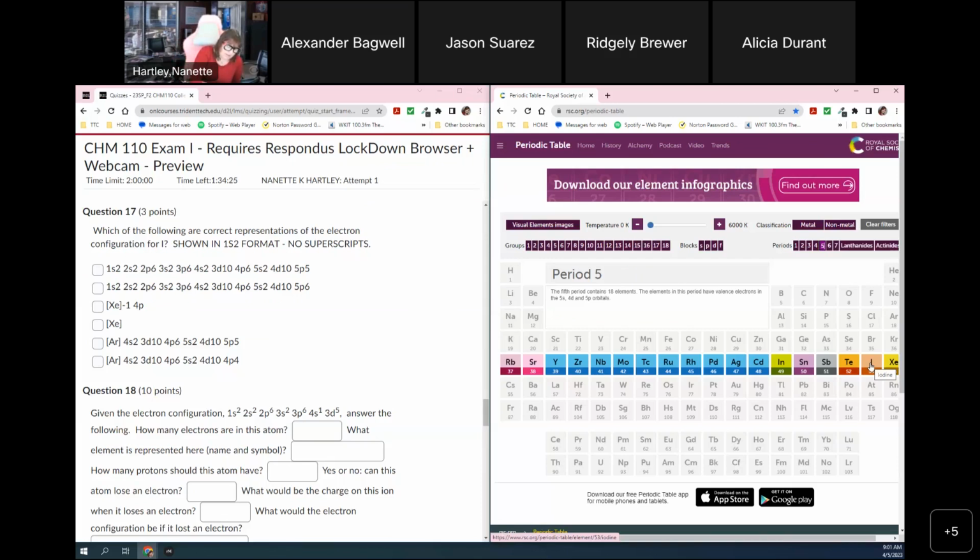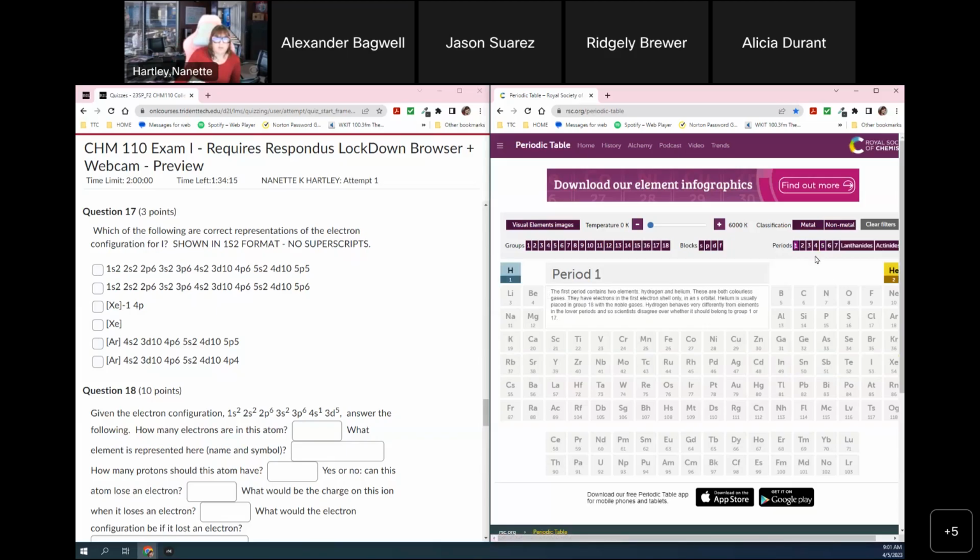So if we're talking about getting to row 4, row 1 is 1s2. Row 2 I have 2s2, 2p6. Row 3 I have 3s2, 3p6. We get to row 4.